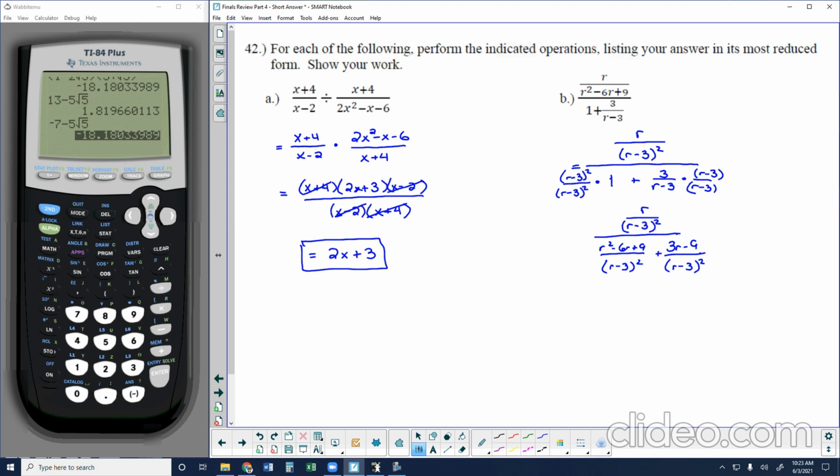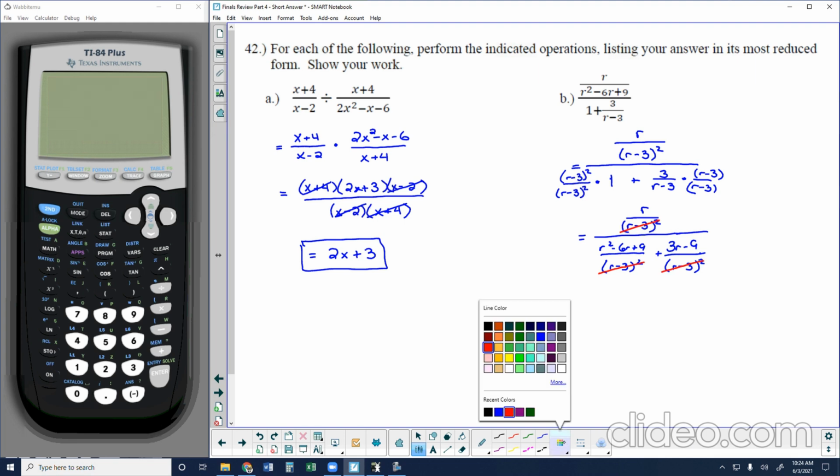Now, we did the proof for this, the algebraic proof for this in the notes. So if you want to look back on that, you can find that proof. But once we have all of the fractions within the compound fraction have the same denominator, those denominators will eliminate one another. And so I can simplify what's left.